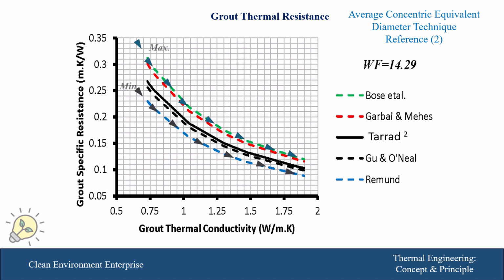And our model number 2 is presented by the black solid line, Tarad 2, almost occupying the mid distance between the maximum and minimum. And we have to mention that all of these curves are close to each other.